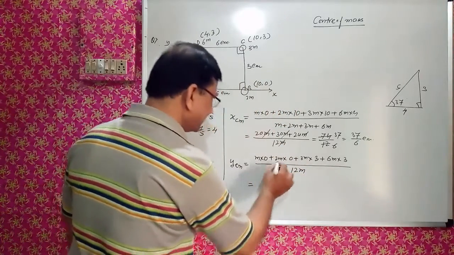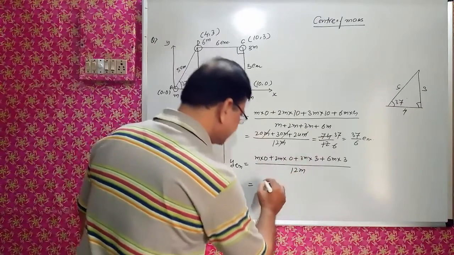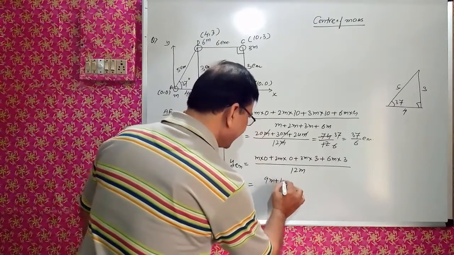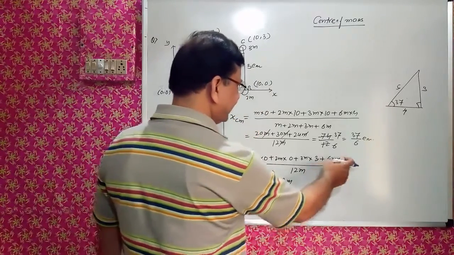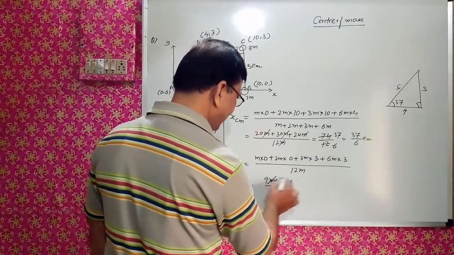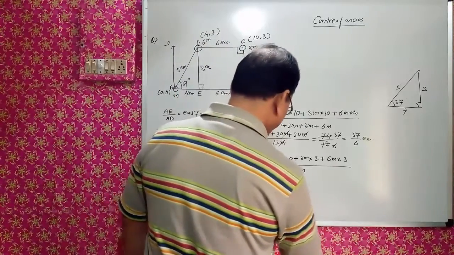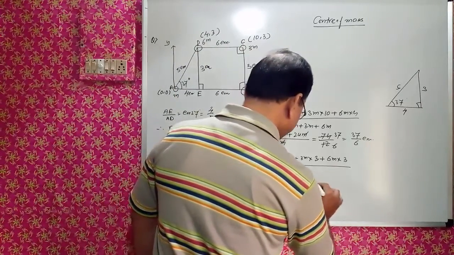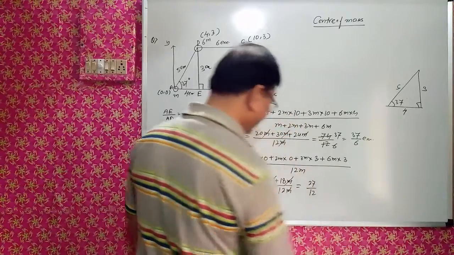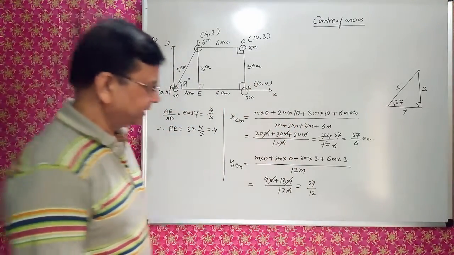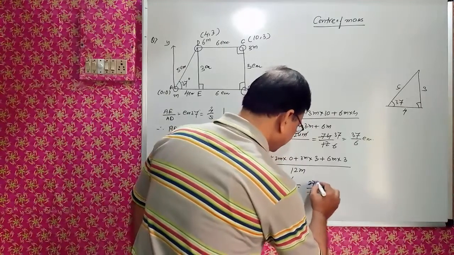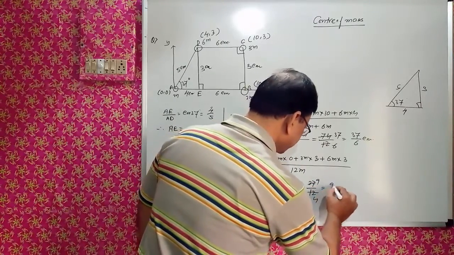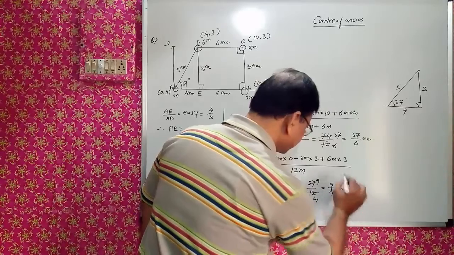Simplify this: this is 0, this is 0, that is 9M plus 18M by 12M. All M's will go. That is 27 by 12. So 3 4s are, 3 9s are, that is 9 by 4 centimeter.